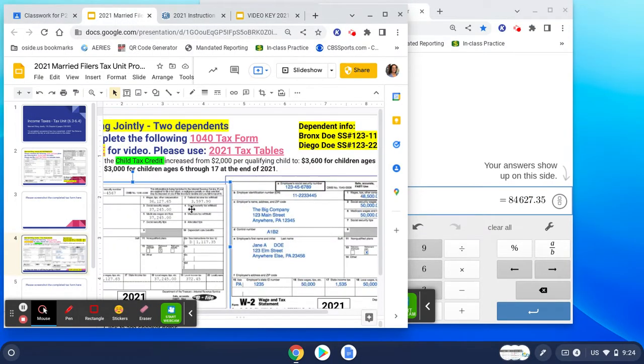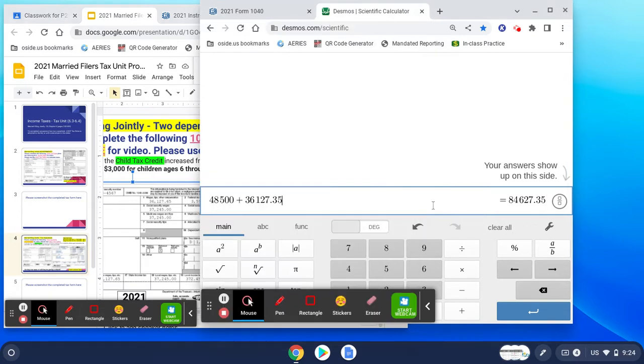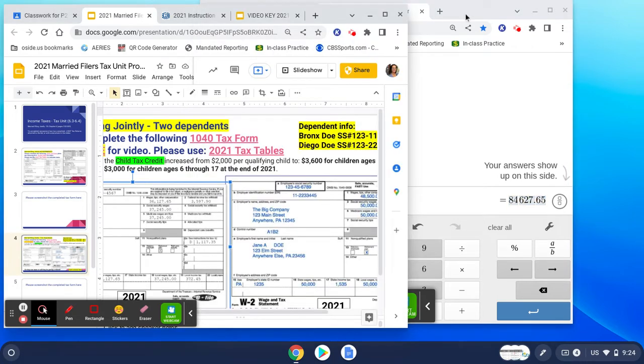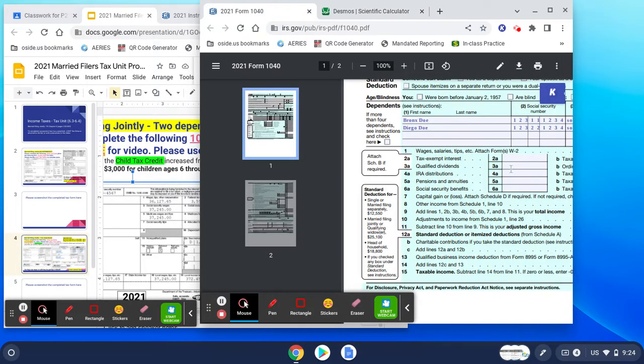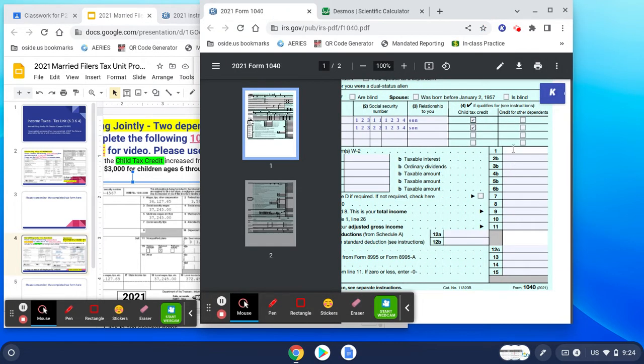Okay, so what I'm going to put into that top line 1 is the 2 combined incomes from box 1 of each W-2. So 84,627 goes on line 1.